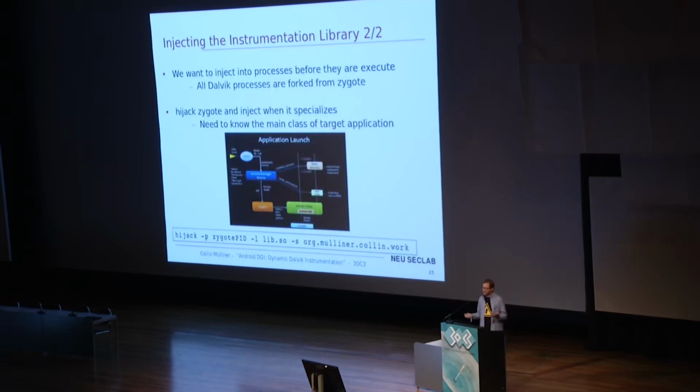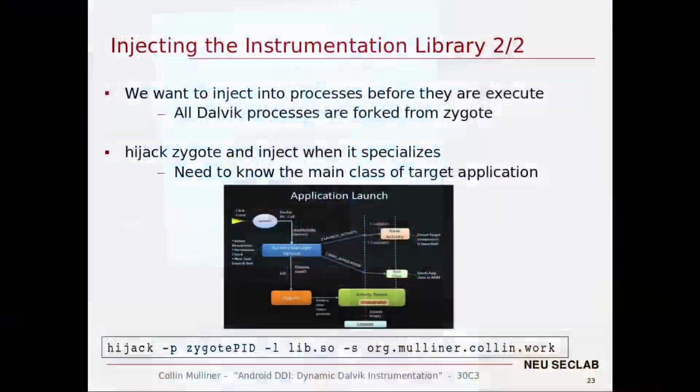Yeah. So, sometimes you want to instrument applications very early, maybe before startup, in order to see really everything the application is doing. And in order to do this, we actually have to instrument or trace Zygote. And we have to do that because, can you actually read that? Probably not. Anyway, so Zygote is the base VM process on the system.